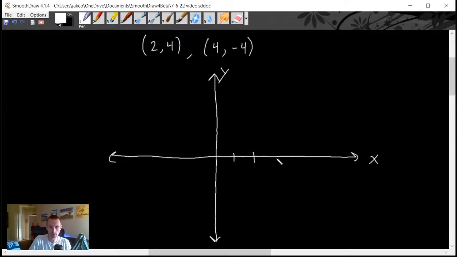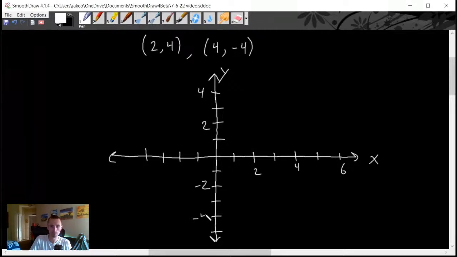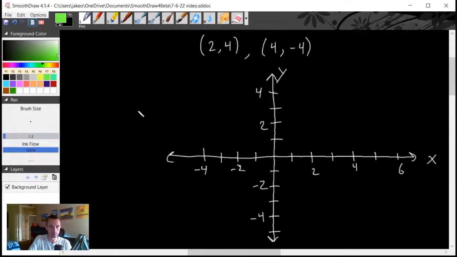Then we'll start by labeling our axes. Okay, so now we want to start by plotting our points.